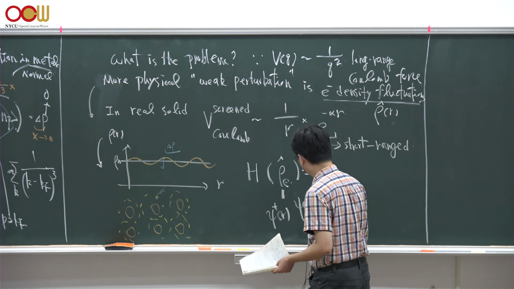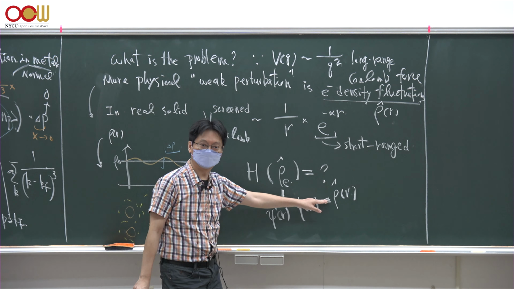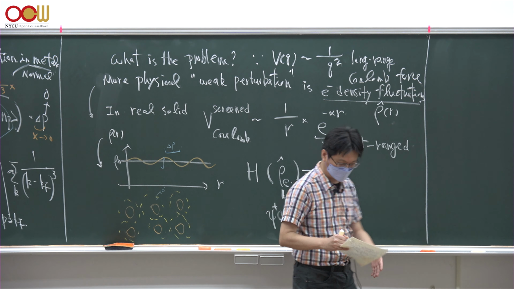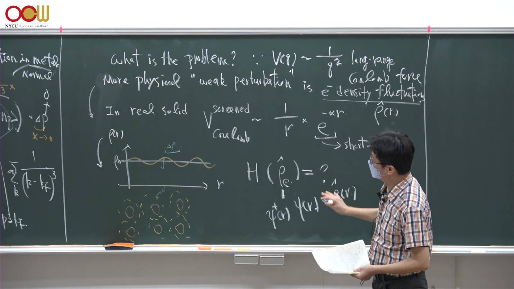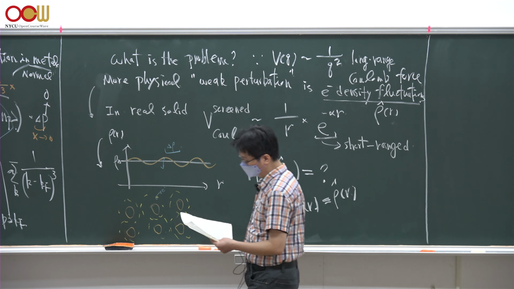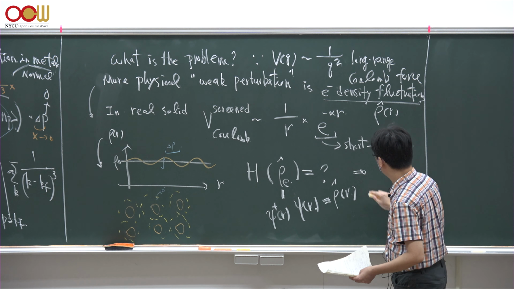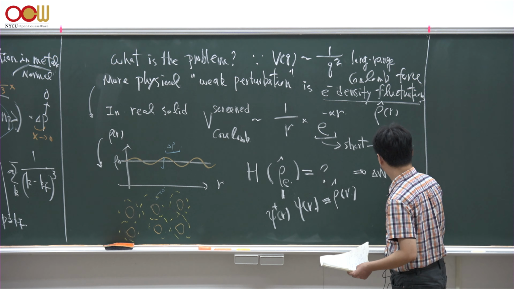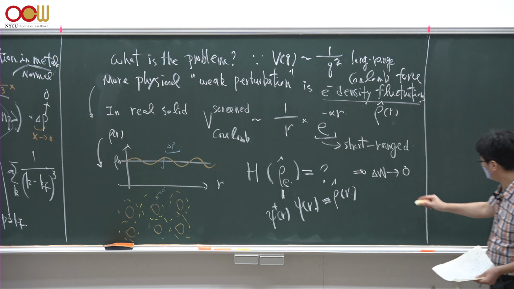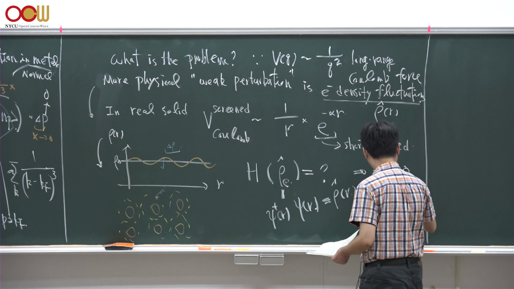We should rewrite this Hamiltonian in terms of rho, both in real space and in momentum space. That's the correct path to cure this problem. Under such a correct language, we find that delta W indeed vanishes as T goes to 0 and p and p prime go to kF.